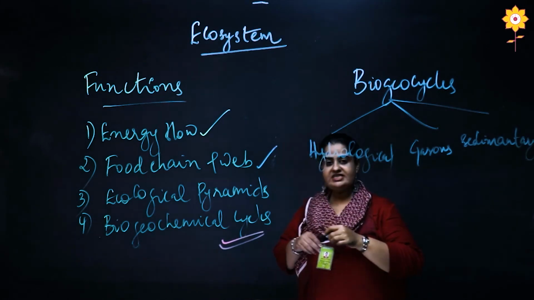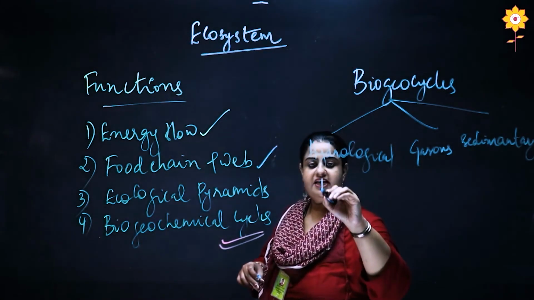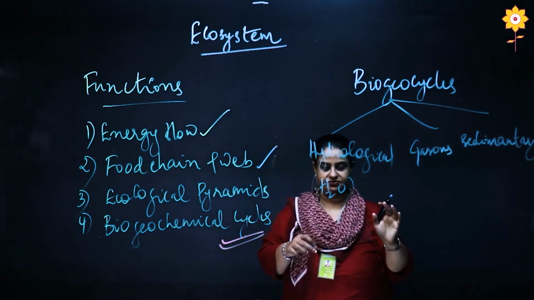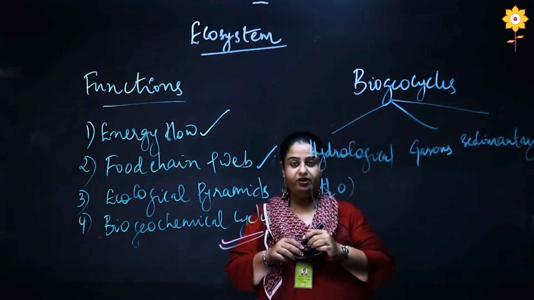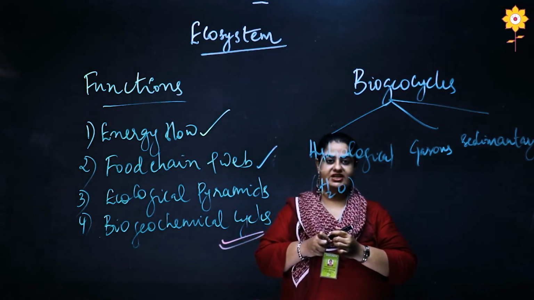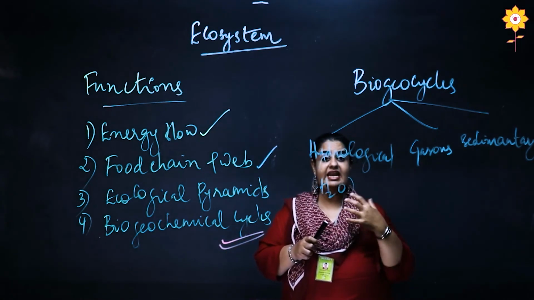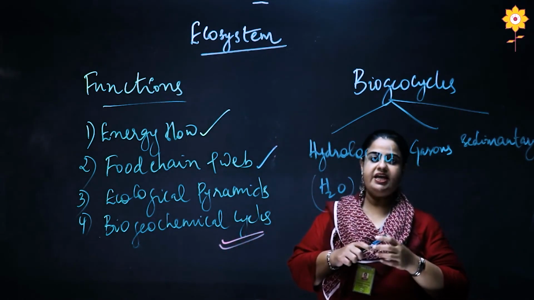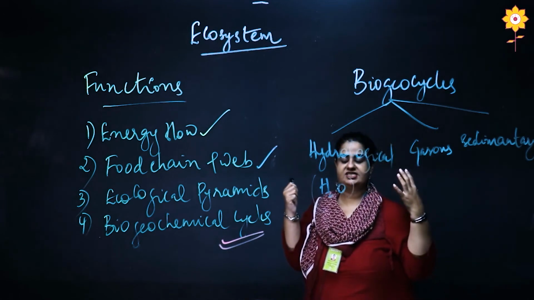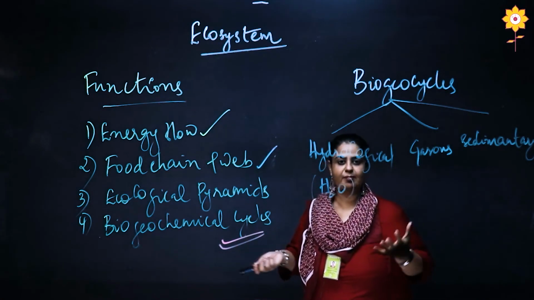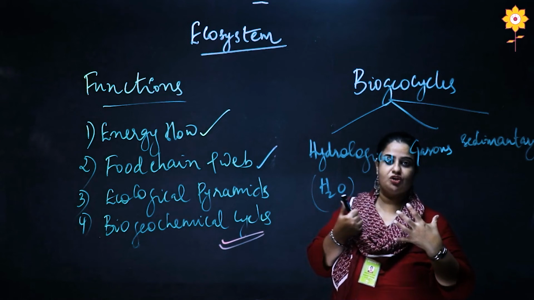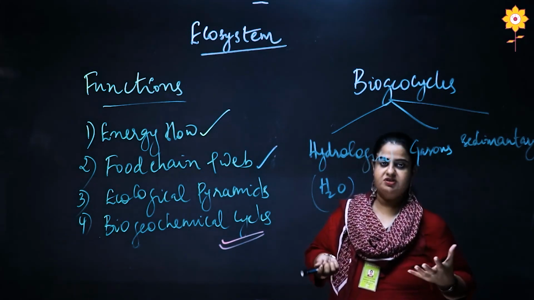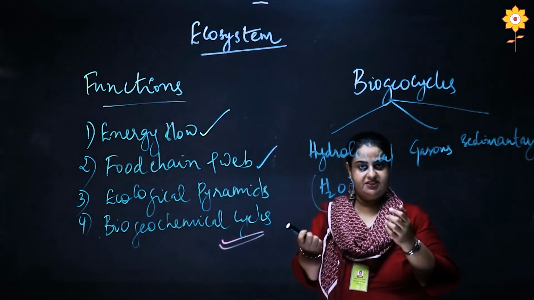Now hydrological cycles are also called the water cycle, which help in maintaining the amount of water on the earth's surface. The cyclic movement of water in the form of water cycle is what helps life to be regained on the earth. Gaseous cycle include the cyclic movement of gases such as oxygen, nitrogen, carbon dioxide, etc., which are very much required for our daily survival, our breathing, our respiratory processes, and all other life activities that we do.